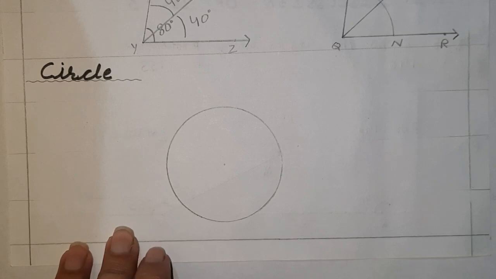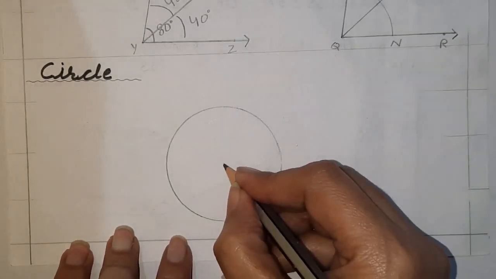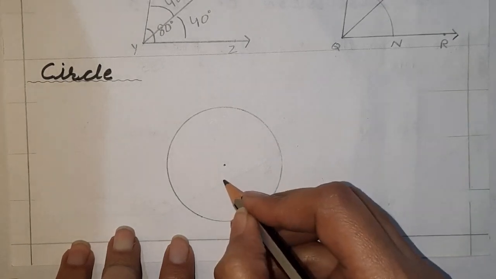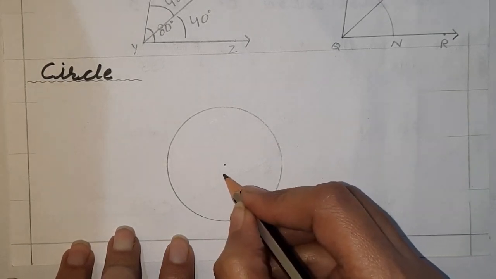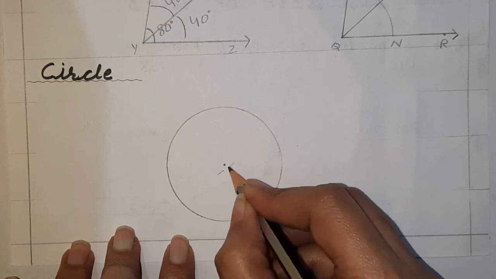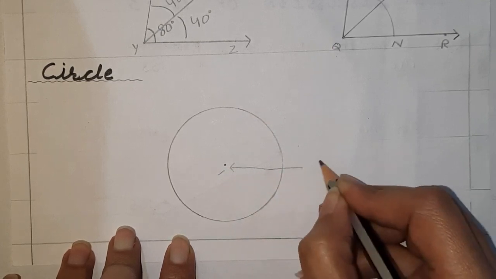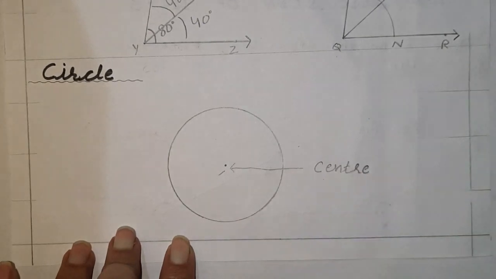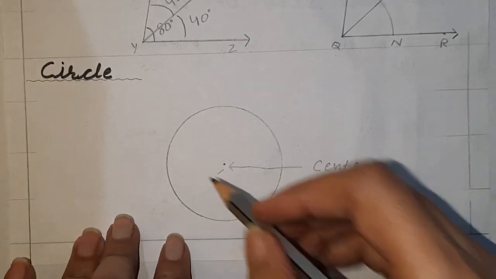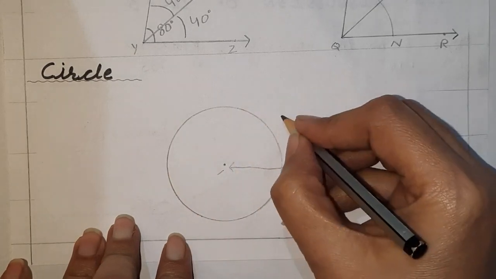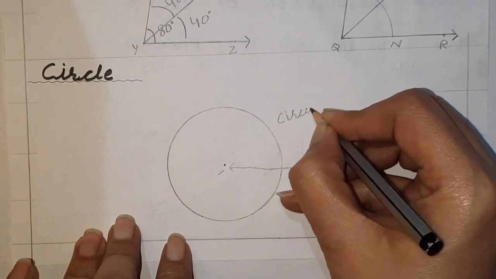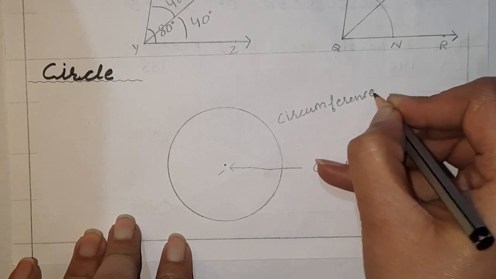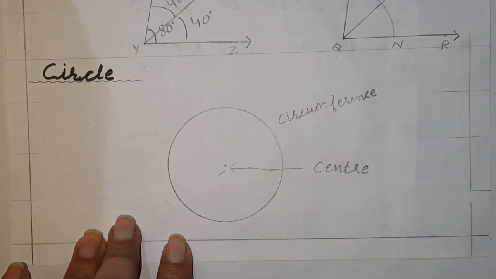Now, what are the terms related to the circle? First of all, this center point, which is a fixed point, is known as the center. The boundary of the circle is called the circumference.